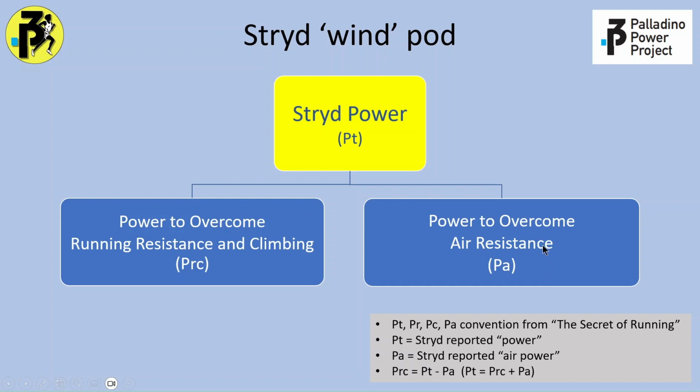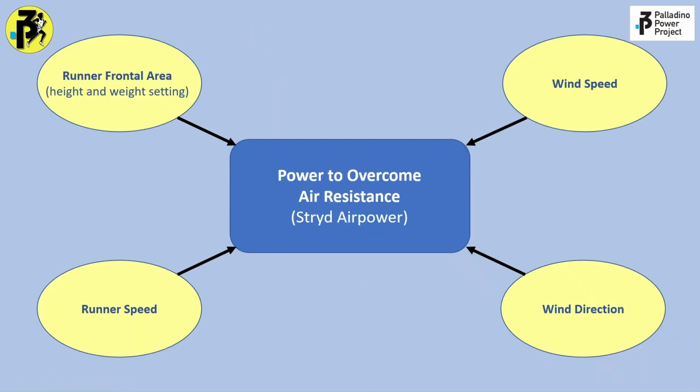They added that. It's not the same algorithm. It's a separate algorithm that's combined with the original algorithm to give you the total Stryd power. So air power is a little bit different in terms of the algorithm.